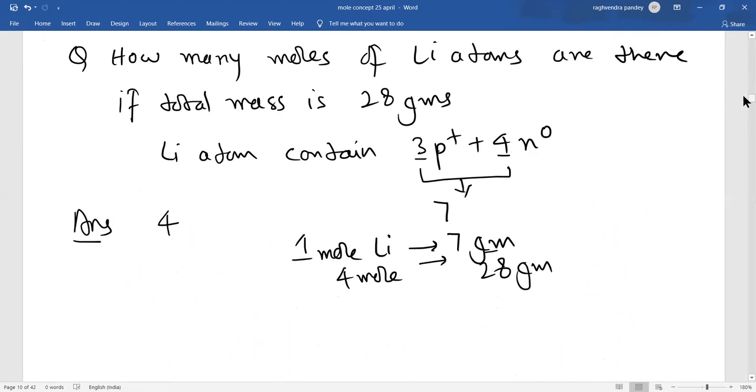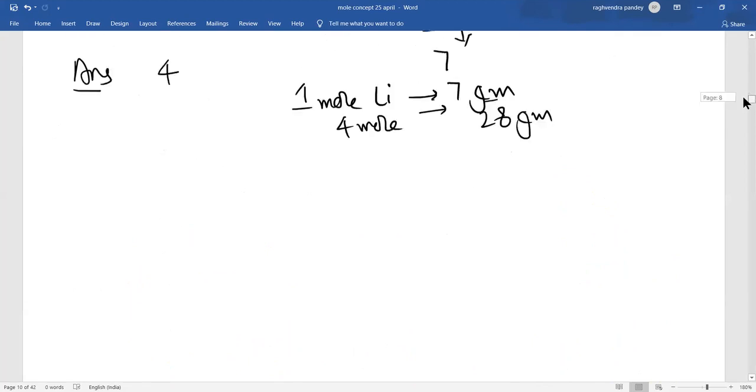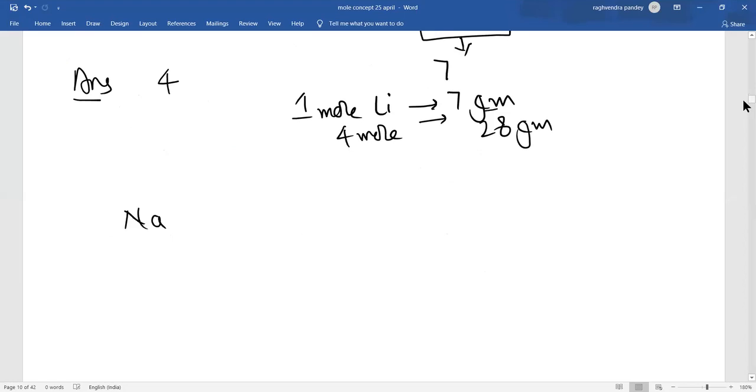Suppose I take sodium, for your understanding. Sodium contains 11 protons plus 12 neutrons. So when I want to write the mass of 1 mole sodium, that will be 11 plus 12, that is 23, then I have to write grams.